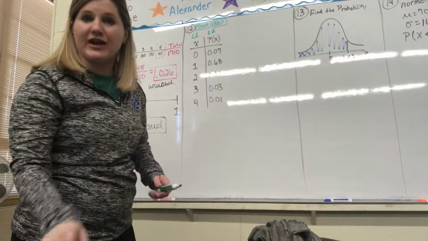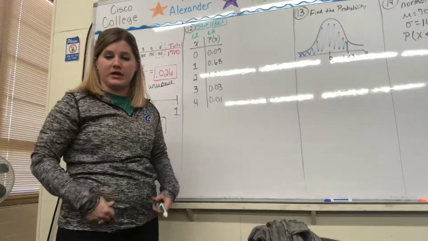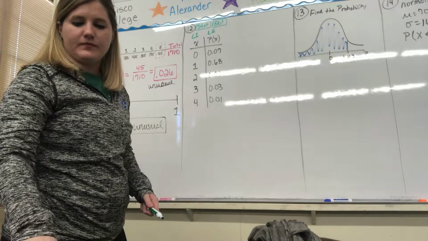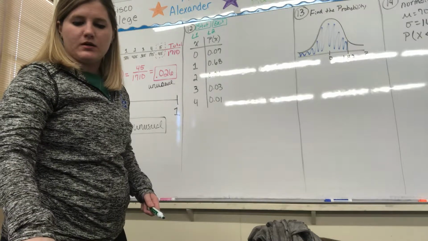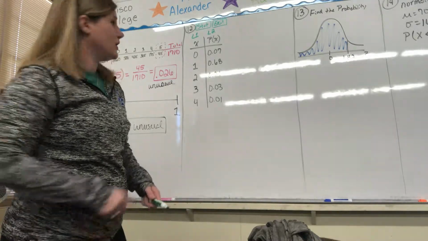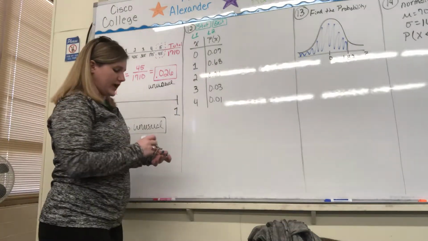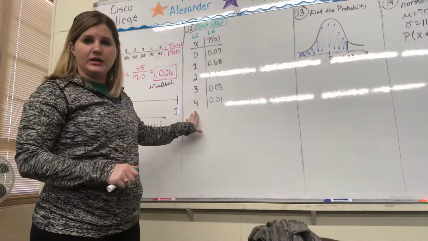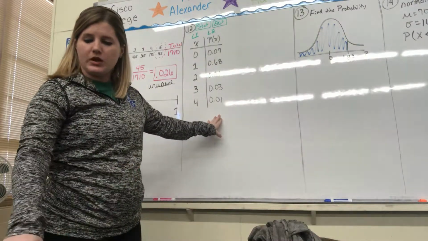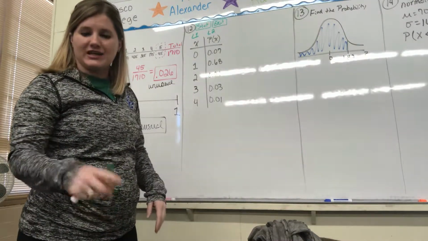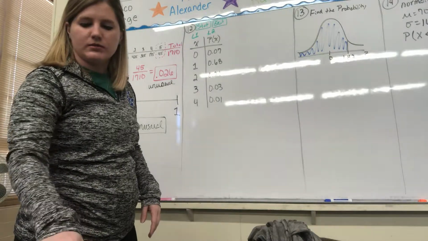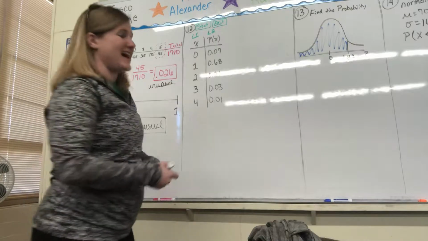So put that in your calculators right now so that you can do this with me. Once you get those numbers in L1 and L2, we're going to go second quit, and then stat.